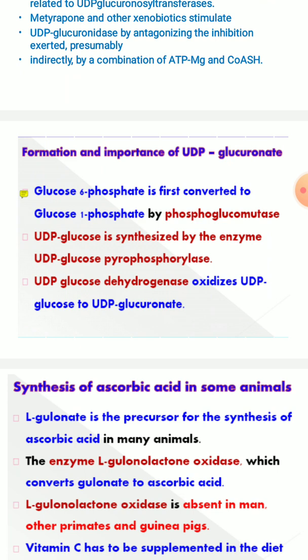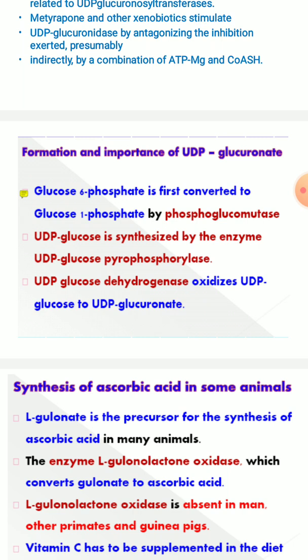The glucose 6-phosphate is first getting converted to glucose 1-phosphate by the enzyme phosphoglucomutase, and here you are going to see the synthesis of the UDP glucose by the enzyme UDP glucose phosphorylase. This enzyme is also involved in the phosphorylation reaction, where UTP is added and inorganic pyrophosphate is going to be removed. And the next enzyme is UDP glucose dehydrogenase.